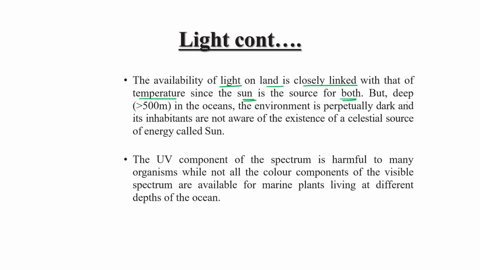But in the deep ocean, the environment is particularly dark and its inhabitants are not aware of the existence of the celestial source of energy called the sun. So what is the source of energy for them? The source of energy is hydrothermal vents, which provide energy and heat. So they are not dependent on sunlight.